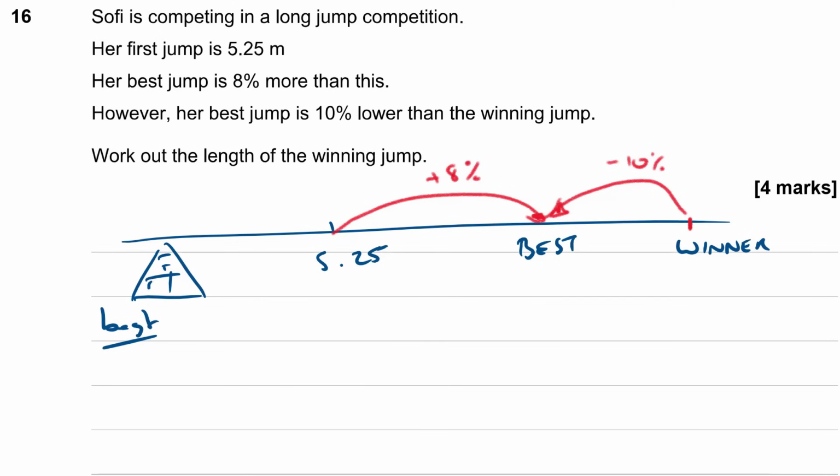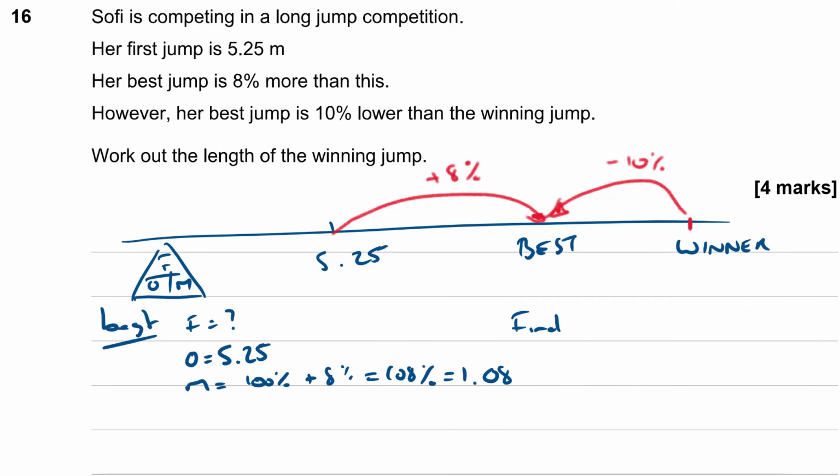Using our triangle final original multiplier, our final is what we're trying to get. Our original is 5.25 and our multiplier is, well, it's 100% plus 8%, which is 108%, which is 1.08 as a multiplier.